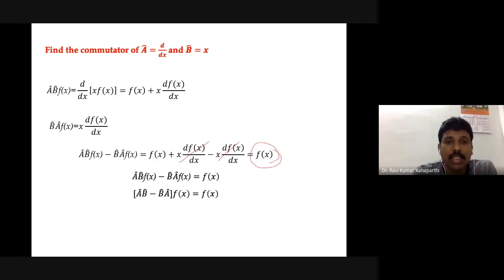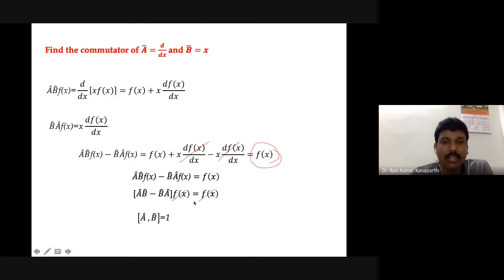That means AB minus BA f of x is equal to f of x, and since f of x is arbitrary, you can actually cancel out f of x.